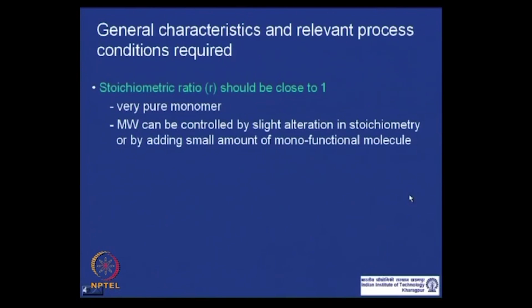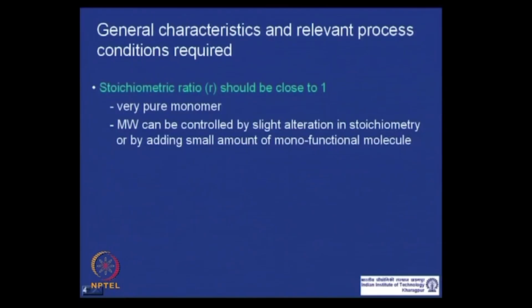Next point is the stoichiometric ratio, R, which should be close to 1. We have seen that if your R is not close to 1, the molecular weight becomes lower. Now, to have R close to 1, you first have to know the purity of the monomer, and if there is impurity, you do not know what you are putting in the reaction. So, it is always advisable, and in industry it is always done, to have monomers which are extremely pure, so that you know what you are putting in.